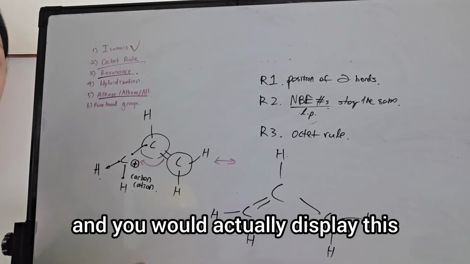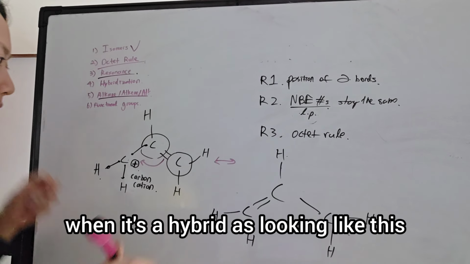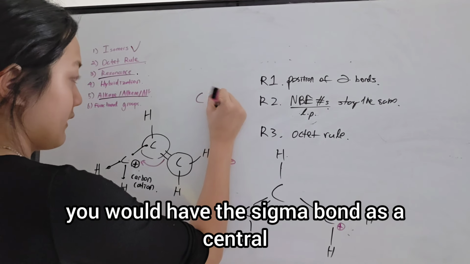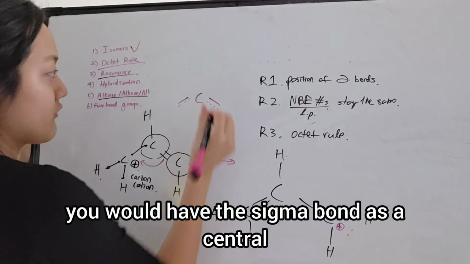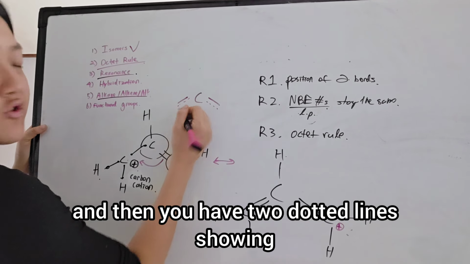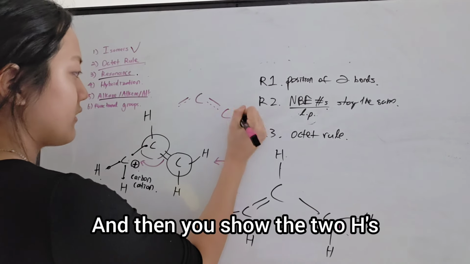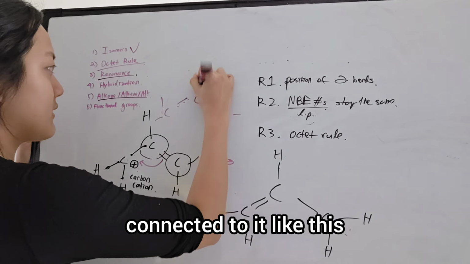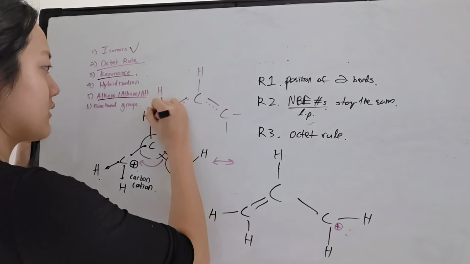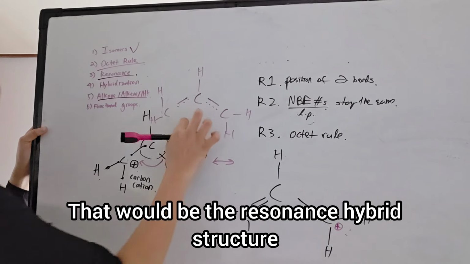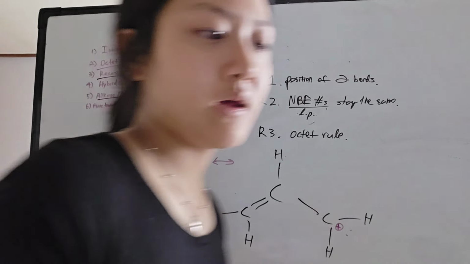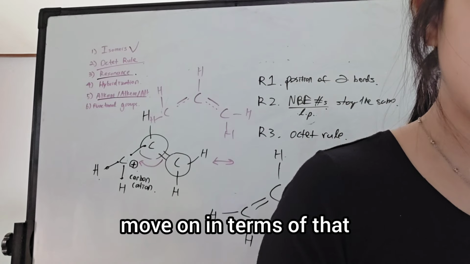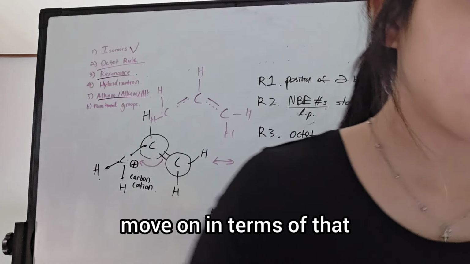And you would actually display this when it's a hybrid as looking like this. You would have the sigma bond as a central, and then you have 2 dotted lines showing that it can be either. And then you show the 2 H's connected to it, like this. That would be the resonance hybrid structure. Okay, now we can move on in terms of that.